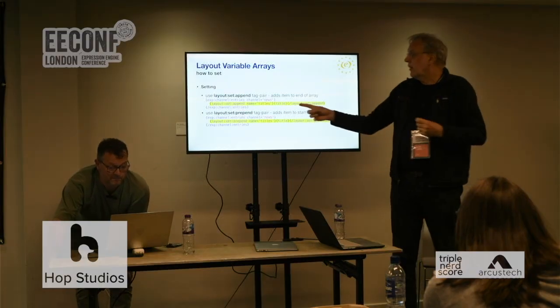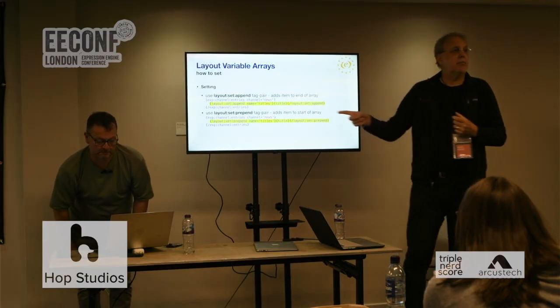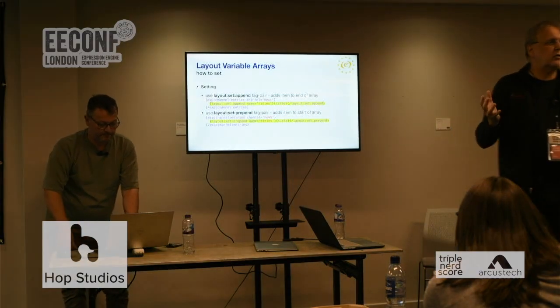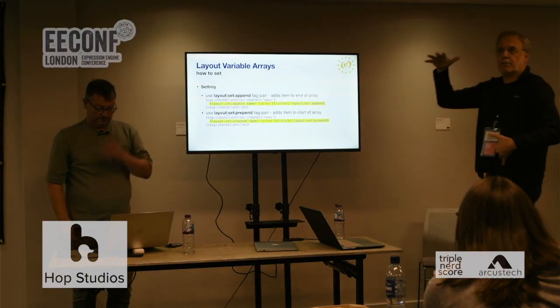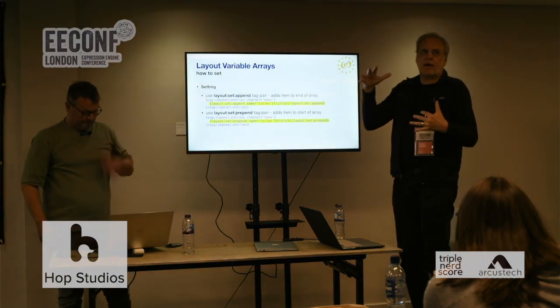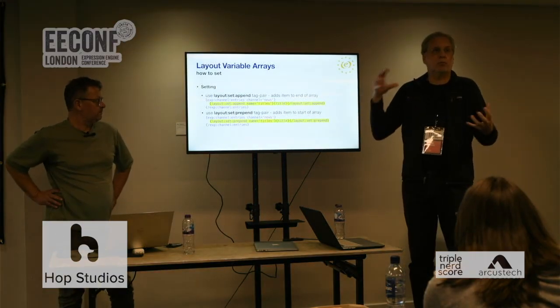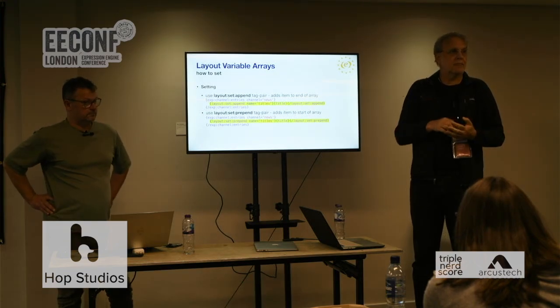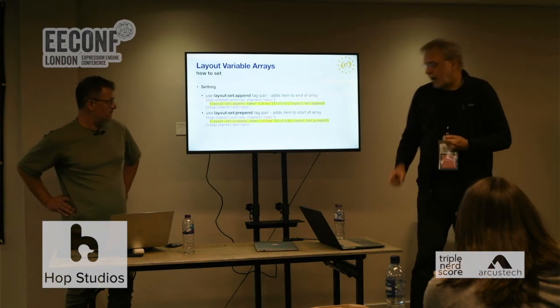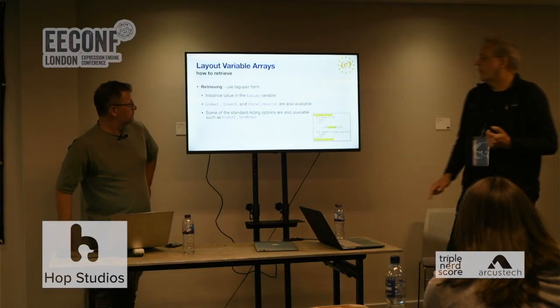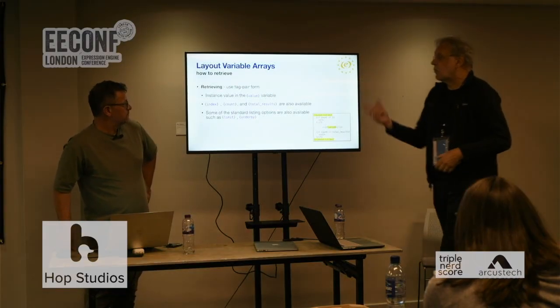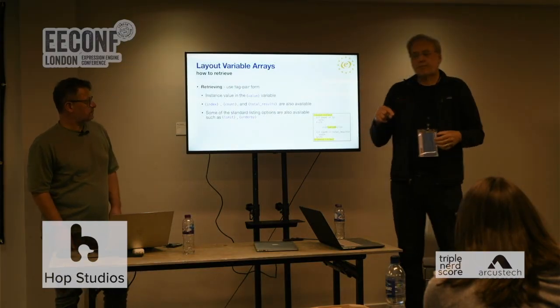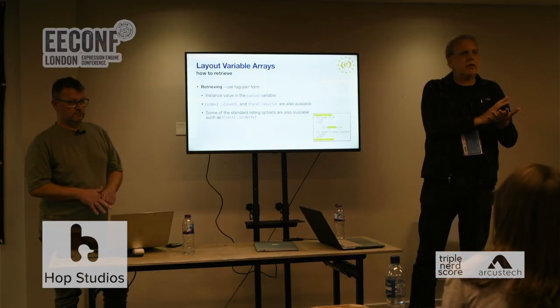And as before, you can put anything into this gap. Basically, anything that EE can generate, you can stick into the gap, and the evaluated output of whatever is in that gap will be saved in the value that you're creating. So far, so good. How do you get them back? You get them back in the same way that you get back normal layout variables, but you have a tag pair.